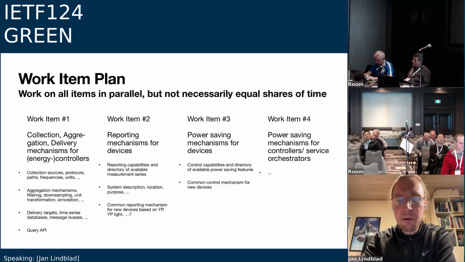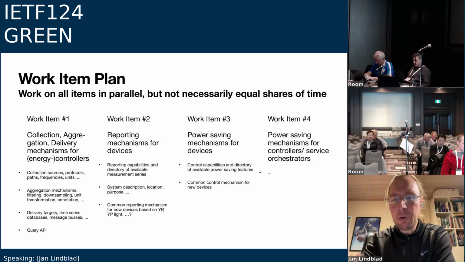Until we have this new interface spread to almost all devices in the network, it's not really providing any new value. And when it comes to work item 4, there's a lot of exciting things you can do when you have network visibility from work item 1. When you know what's going on in the network on the service level and have the information from work item 1, there's magic you can do on number 4.